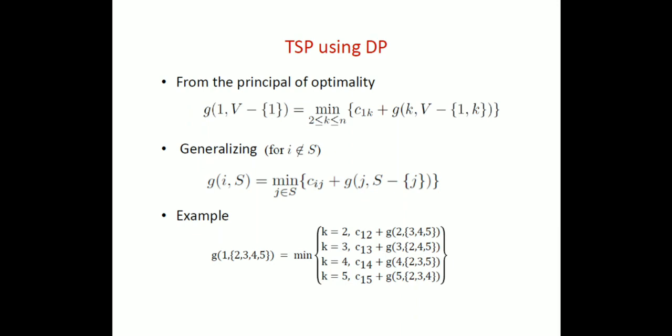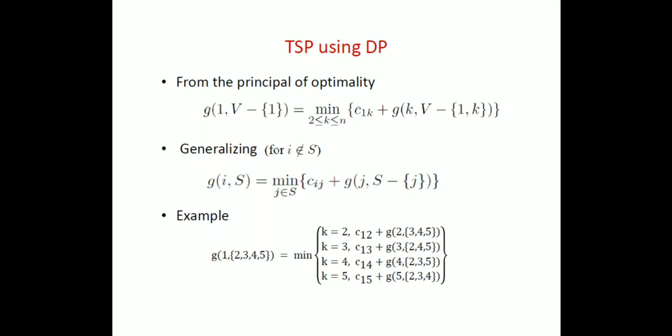When the size of the set S is less than n minus 1, the values of i and S for which g(i, S) is needed are such that i is not equal to 1, that is, i is not the source vertex, and 1 does not belong to the set S, as S has all other vertices that lie in the path.